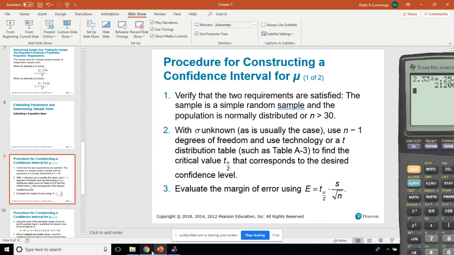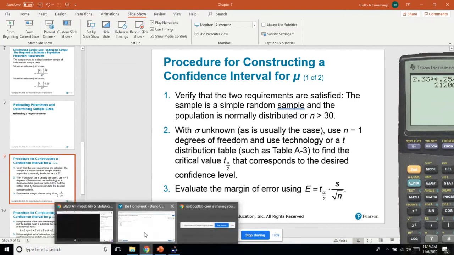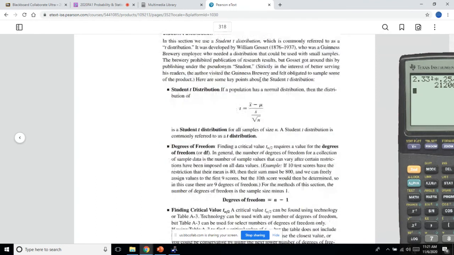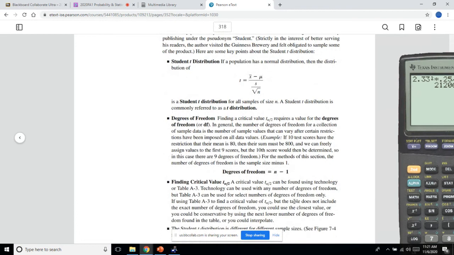I want to go to our textbook. On page 318, I want to talk about degrees of freedom in more detail. It says finding a critical value T alpha over 2 requires the value of the degrees of freedom, given as n minus 1. So n is the number in your sample, and you subtract 1.